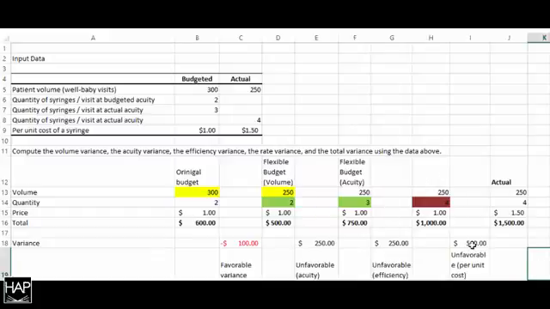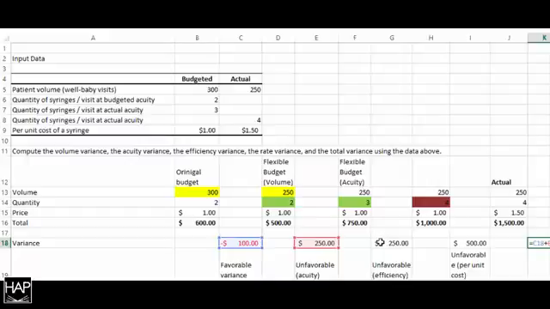So in order to find out what the total variance is, we can just add all of the different variances found along the way. So we take the variance due to volume when we got fewer visits than we thought we would, plus the variance due to acuity. So that's when we were using more syringes than we thought we would, but based on how sick the patients were.